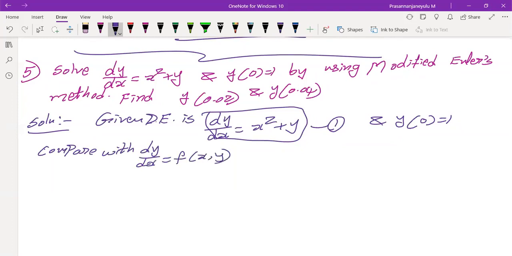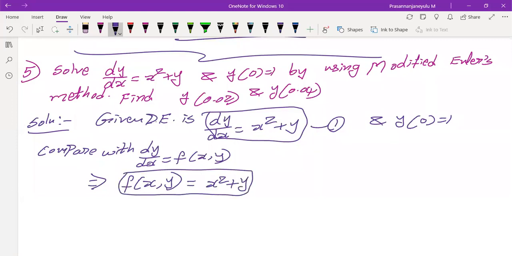It is better to write compare with dy by dx equals f of x comma y. The reason is, if I write f of x comma y directly, you may face difficulty. But when you are preparing for the examinations, how I got f of x comma y is important. And here they gave y of 0 is 1, which indirectly means y of x naught equals y naught is provided.